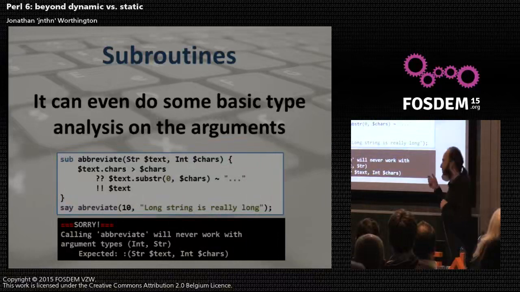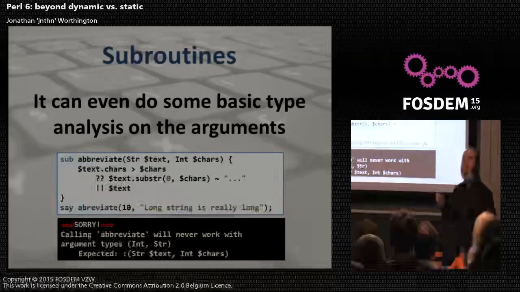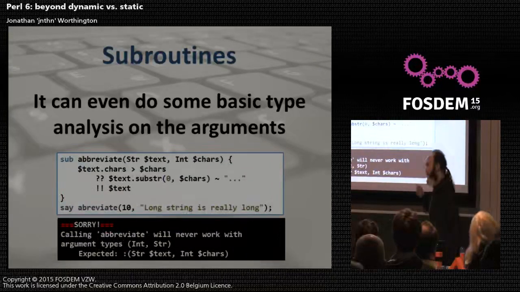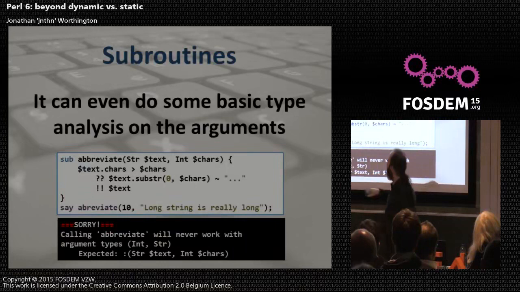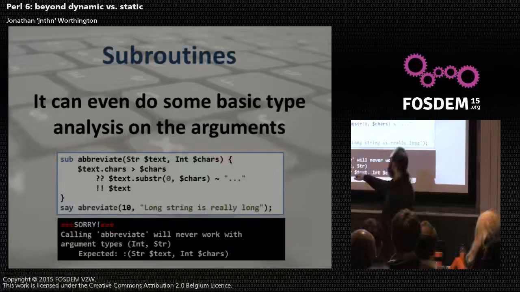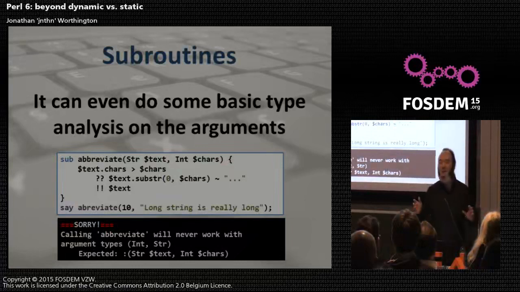Now, there's only so many cases we can point this out so far. Okay, we don't do a lot of crazy inference. And we're being very careful about this, because in this case, we can explain to you what's going on. Okay, we can say you called it with an int and a string, and it wants a string and an int. And you can go and look at it, and you can say, oh, yeah, I did.